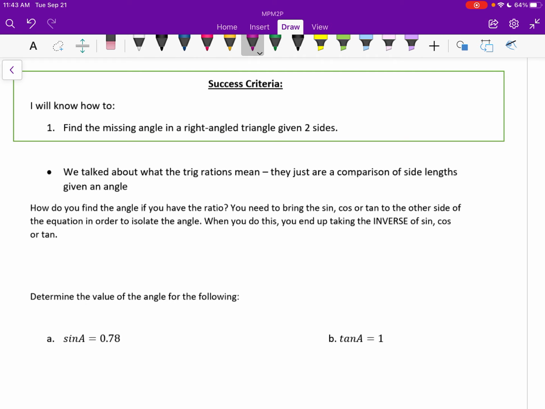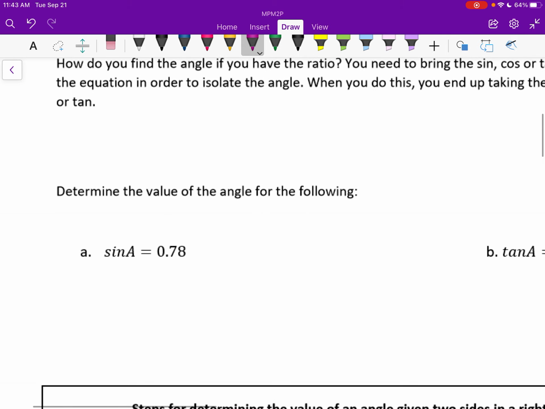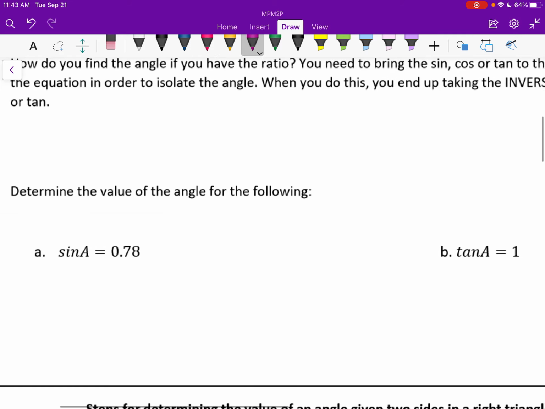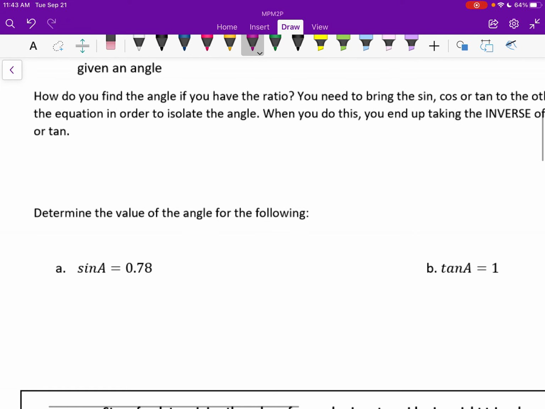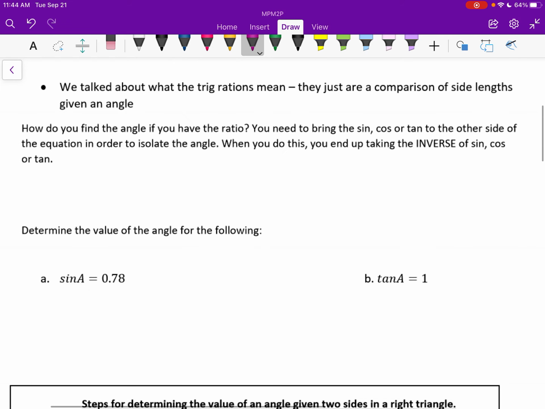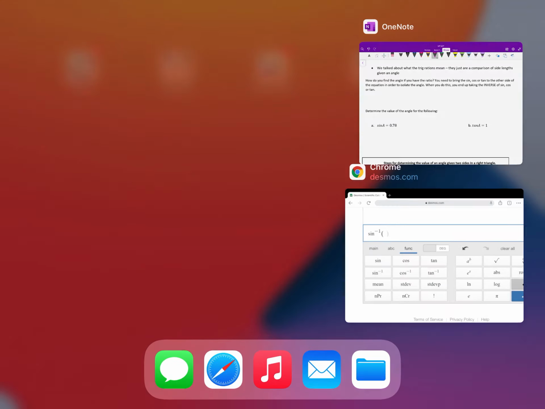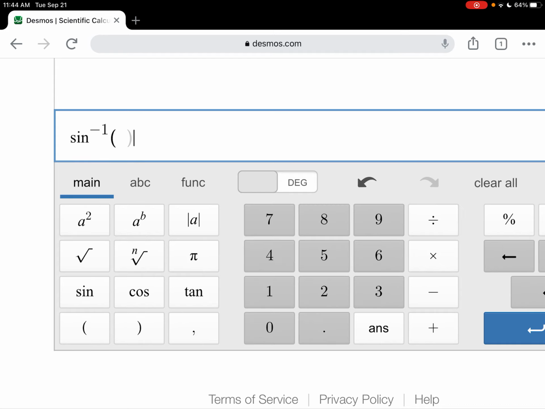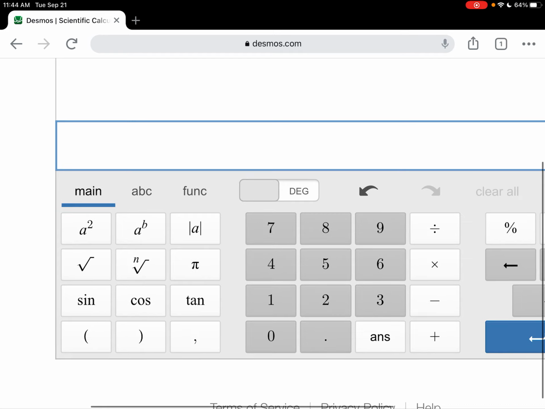How you need to do this is that you need to bring sine or cosine to the other side. So if you have something like sine A equals 0.78, you need to be able to get rid of sine. How you get rid of sine is you take the inverse of cosine, sine, or tangent. If you go into your calculator, more often than not, you have the sine, cosine, tan. Sine, cosine, tan is what we use when we're trying to find the ratio.